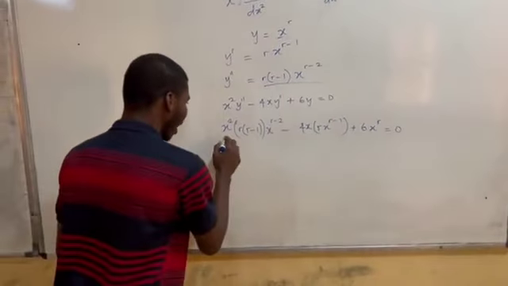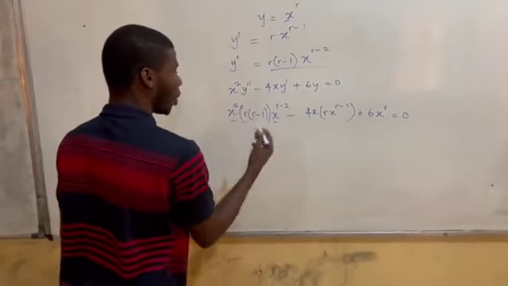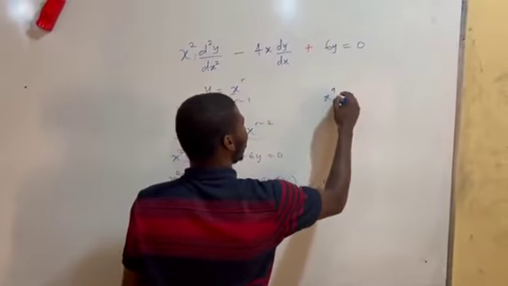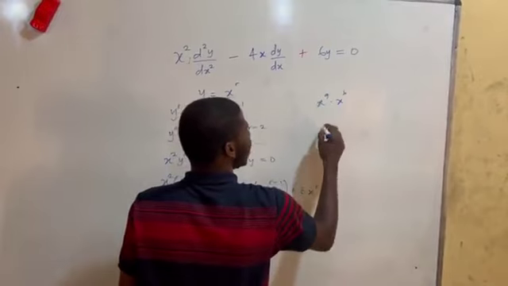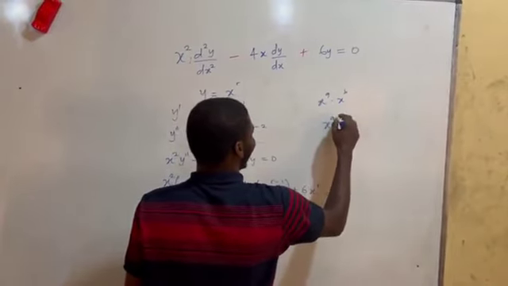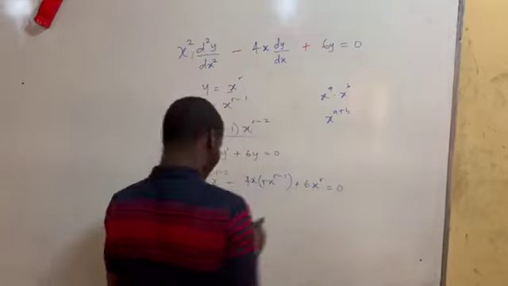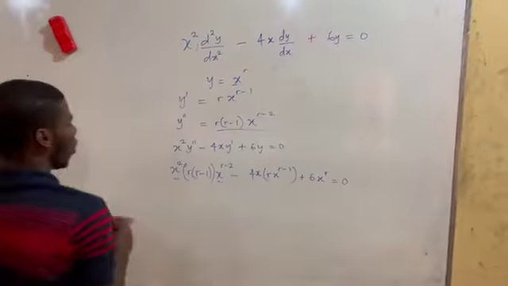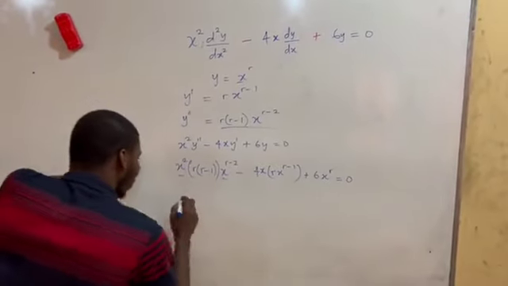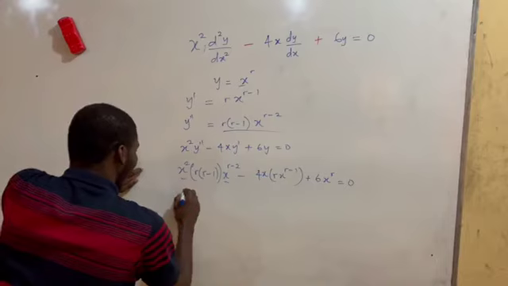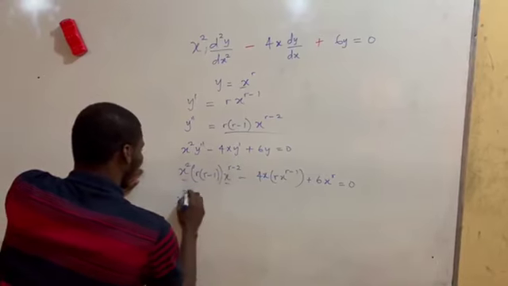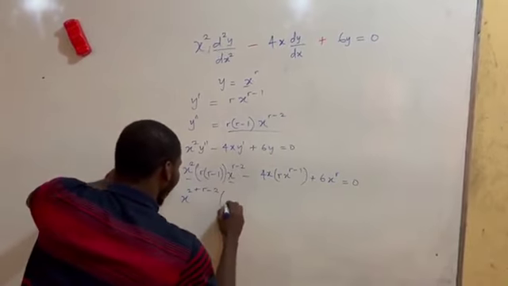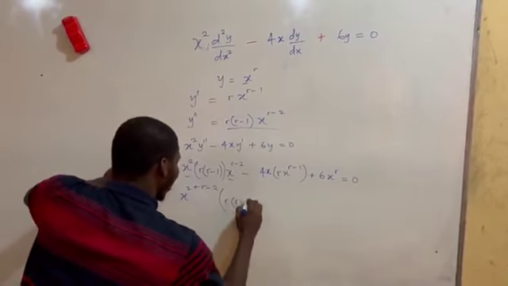Now we have x squared, and we have x here, which are multiplying the same thing. From the laws of indices, we know that x to the power of a multiplied by x to the power of b can simply be written as x to the power of a plus b. So we are going to apply this rule over here because we have x squared and x to the power of r minus 2. You can just combine them: r minus 2 plus 2 gives r, then multiplied by r minus 1.